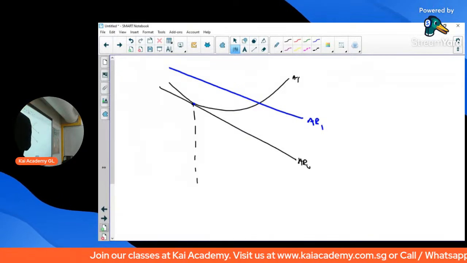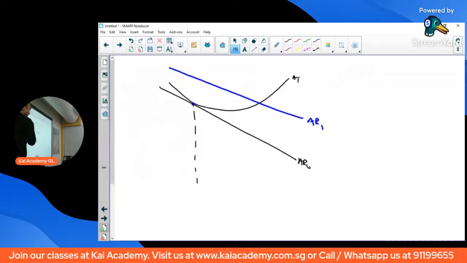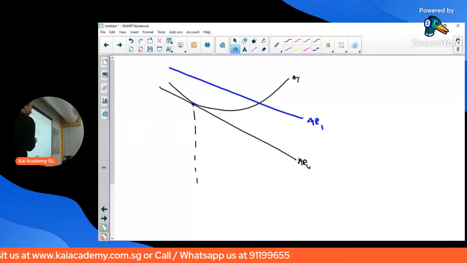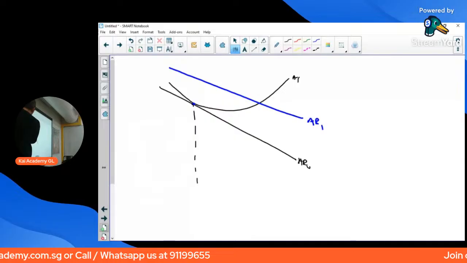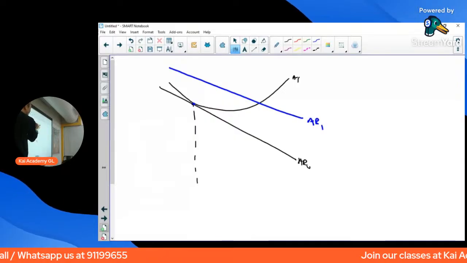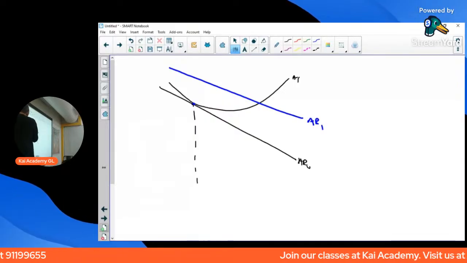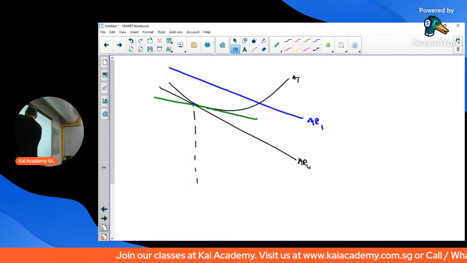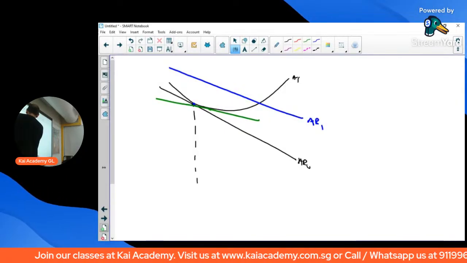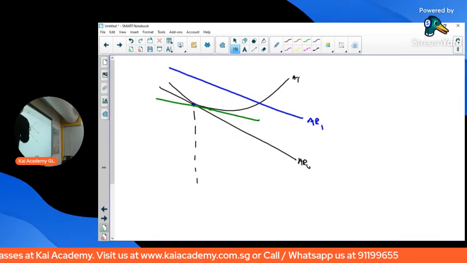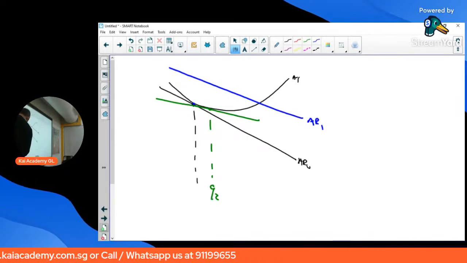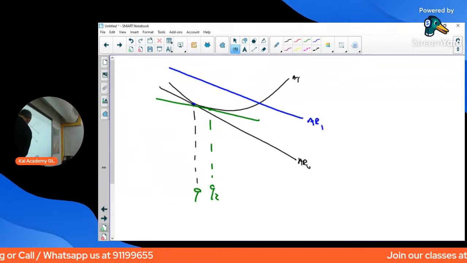But because my gradient has to change and become less steep, but it must still be a tangent because it has to be normal profit, then how can a linear function that is less steep be tangent to the same curve? It must be tangent further to the right somewhere. So the tangent must happen like this. So then this becomes my Q2, and this was my Q1.